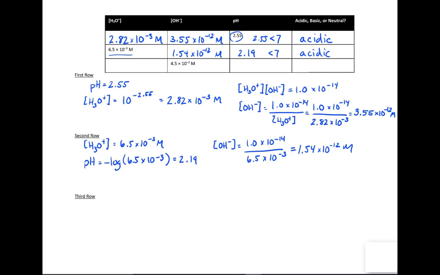In row 3, we are given the hydroxide ion concentration. To find the hydronium ion concentration, we take Kw, 1.0 times 10 to the negative 14, and divide it by the hydroxide ion concentration.